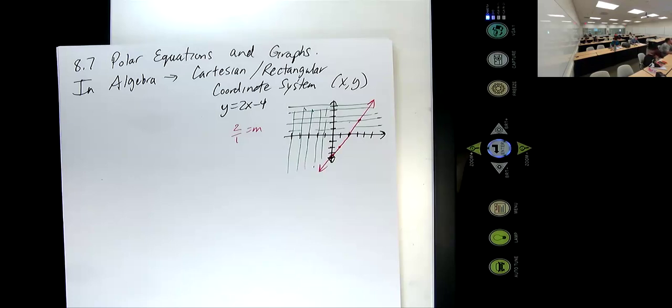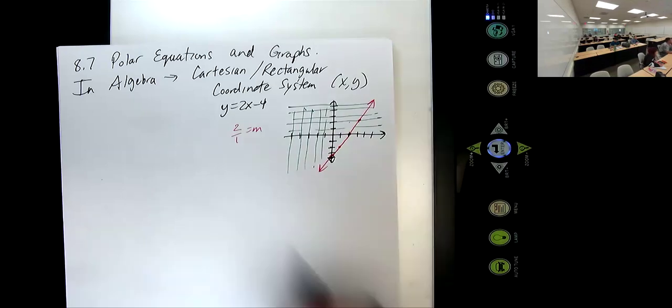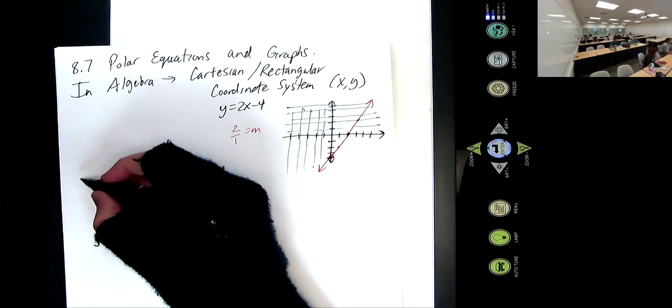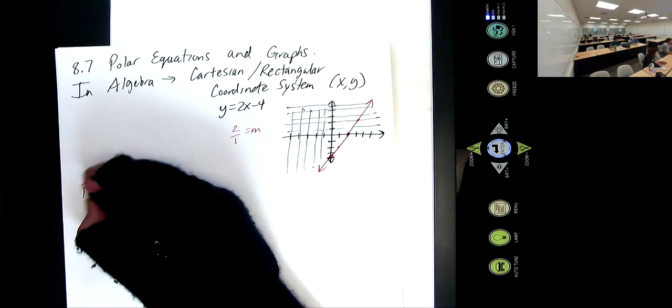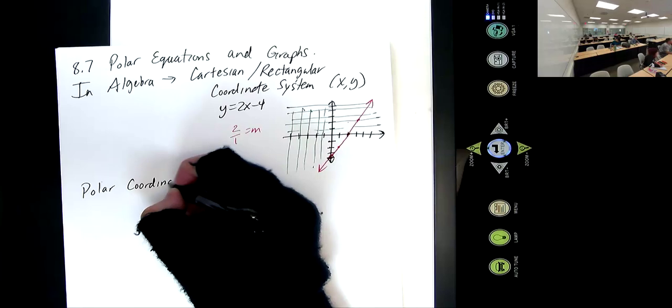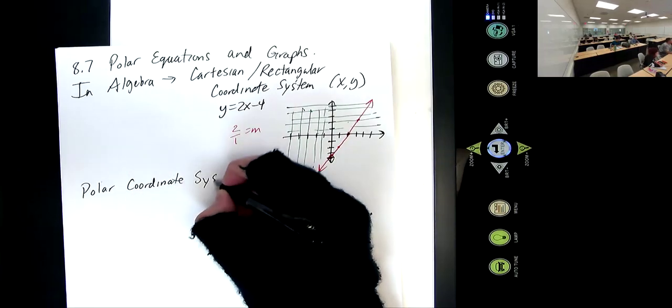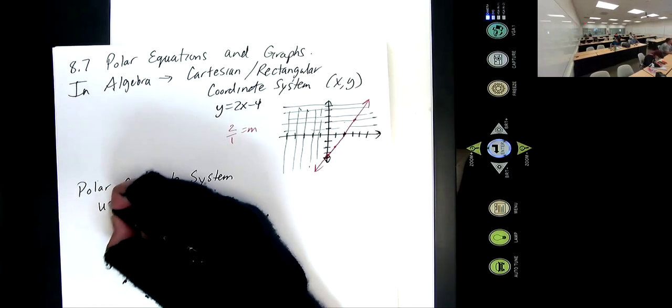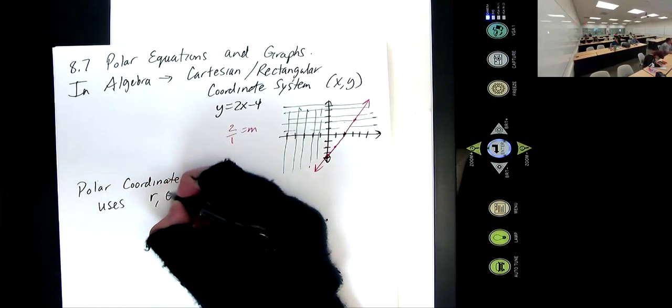This is not the only coordinate system. Trigonometry does a lot of stuff with r and theta. So, polar coordinates. The polar coordinate system uses r, theta.